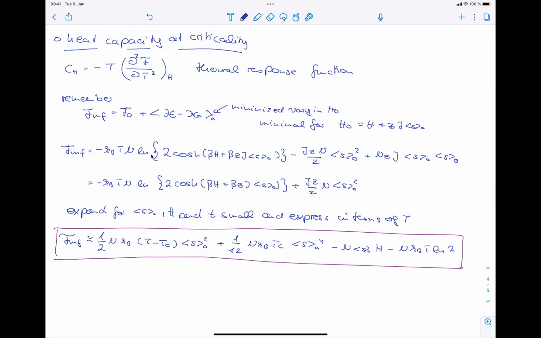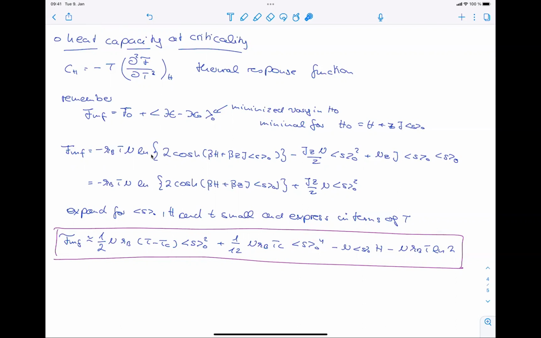So notably, we here have a constant term that we don't care about anyway, because this is just an absolute shift in the energy. We have the applied field coming in here, and then with respect to the magnetization, we have a quadratic term and a quartic term popping up.